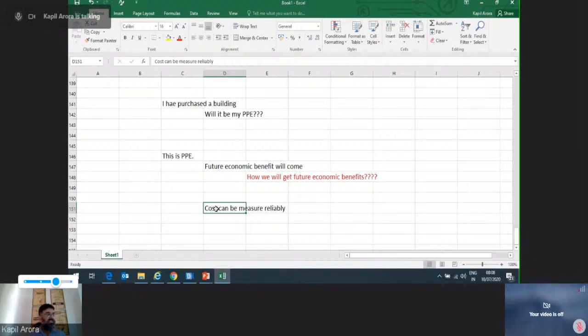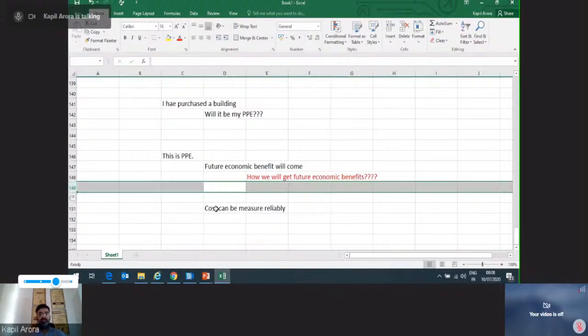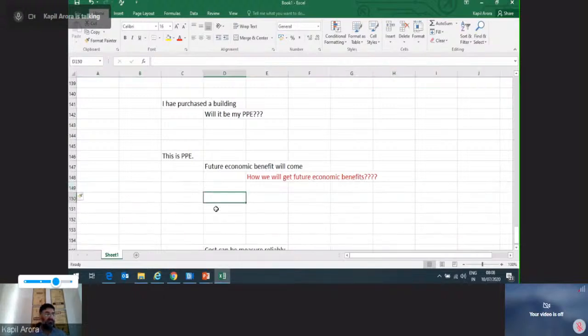I think Joseph has mentioned how we can get the benefit out of this building. What will I do to get the benefit out of this building? Either I use this for a factory, which is for production. Or I use this for an office, which is for admin purpose.